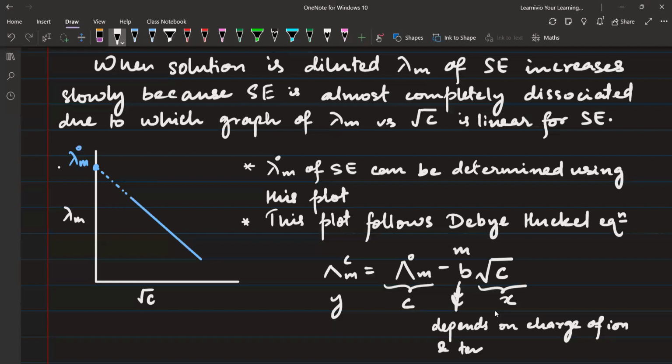So this is very important in the question. You can see this particular graph and you have to identify whether it is strong electrolyte, weak electrolyte, and so on. Right? After this, we are going to look at weak electrolyte.